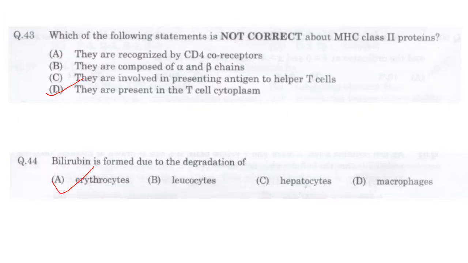Next one. Which of the following statements is not correct about MHC class 2 proteins? MHC class 2 molecules are transmembrane glycoproteins with a cytoplasmic tail and extracellular IgG-like domains. Okay.